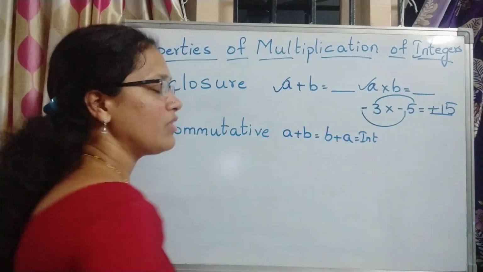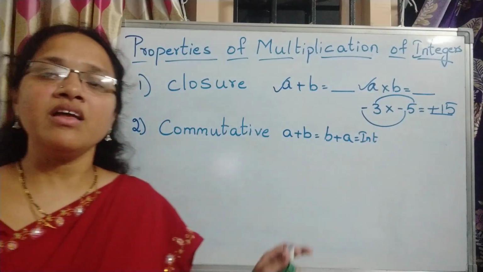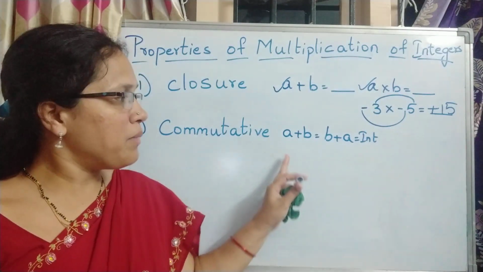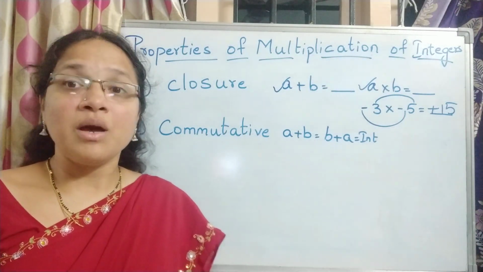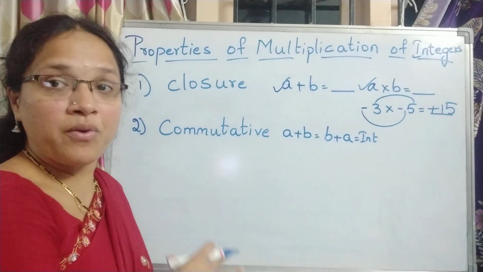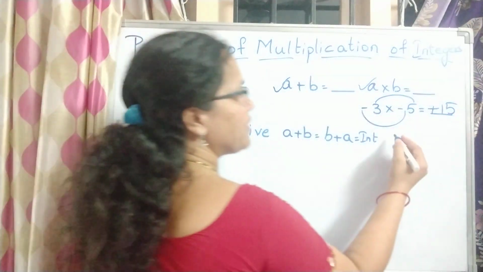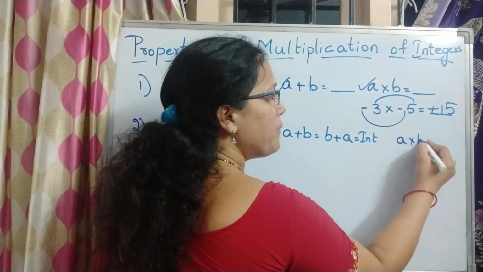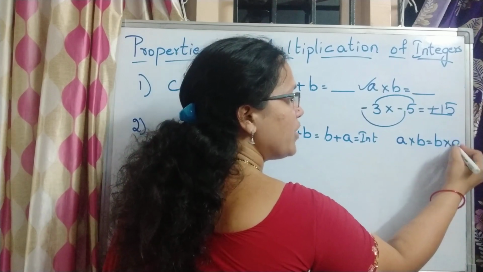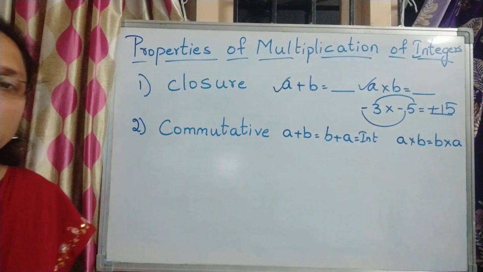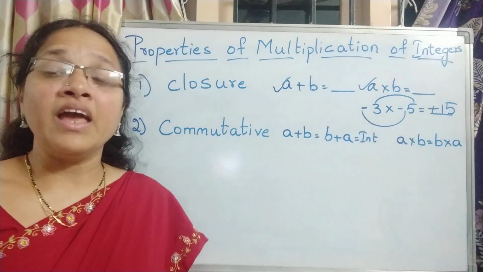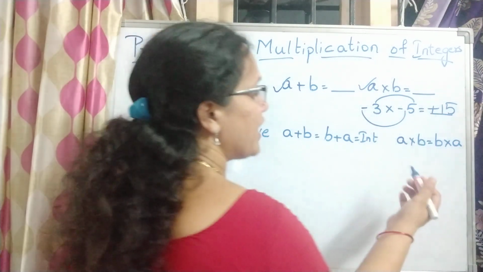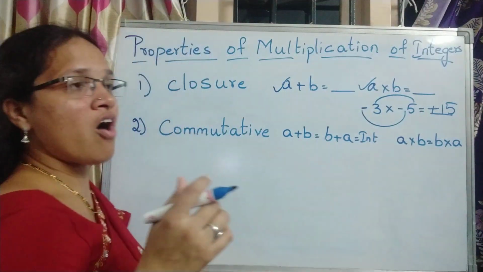This is what we have learned in the addition properties. But in multiplication, we will do the same thing. a into b is equal to b into a. That means when you multiply two integers in any order, you should get the answer as an integer of the same value.